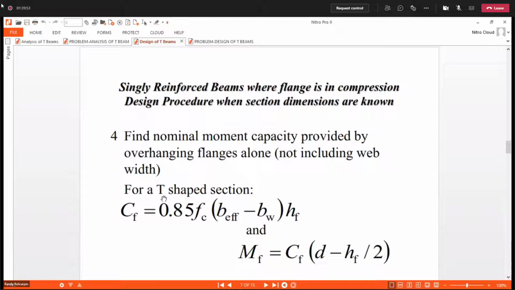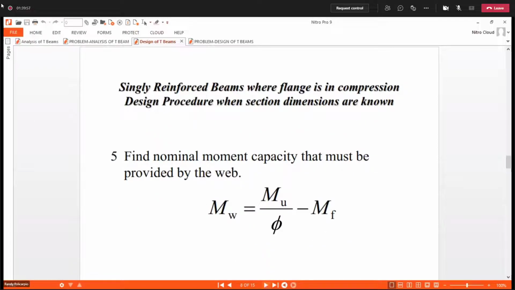Hindi kasali yung web. And then we will solve now for the nominal moment capacity that must be provided by the web. Ito, Mw. Kaya may w yan. This is the nominal moment capacity that must be provided by the web.